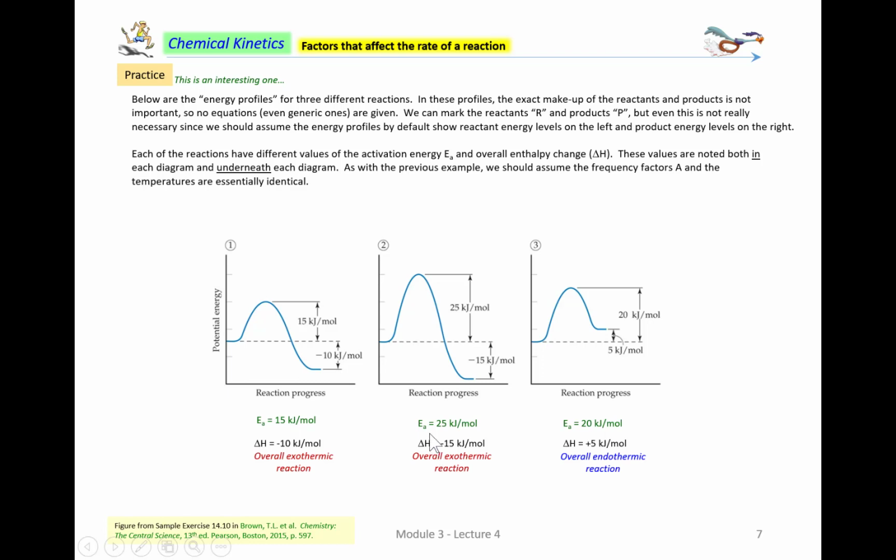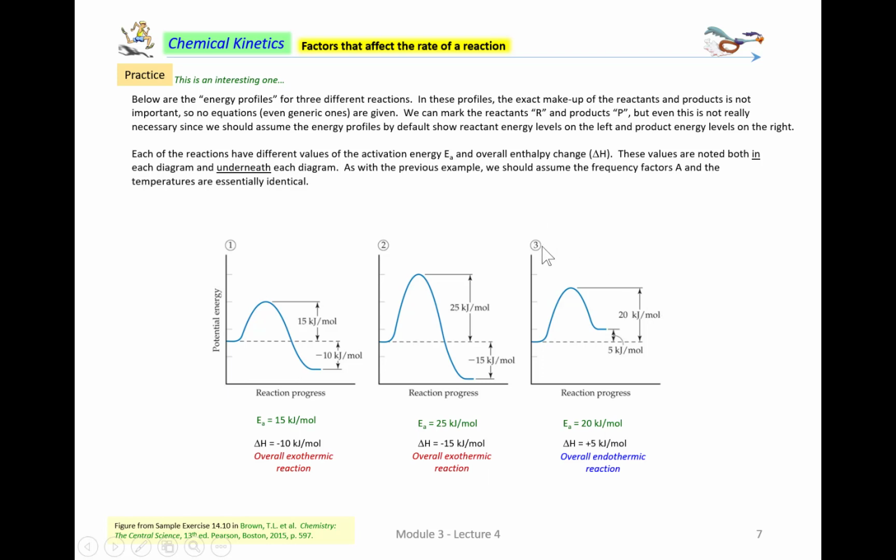In the second reaction, the activation energy is significantly higher than in the first reaction, 25 kilojoules per mole, and the delta H is more negative. There's a bigger energy drop going from reactants to products. It's an overall exothermic reaction, and it's more exothermic than reaction number 1.